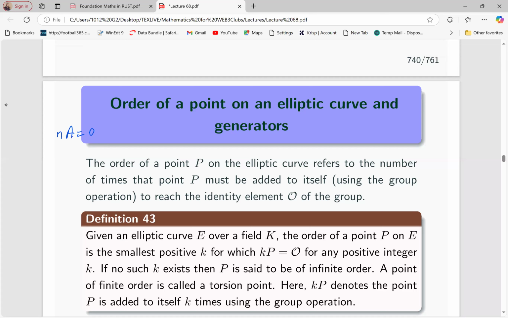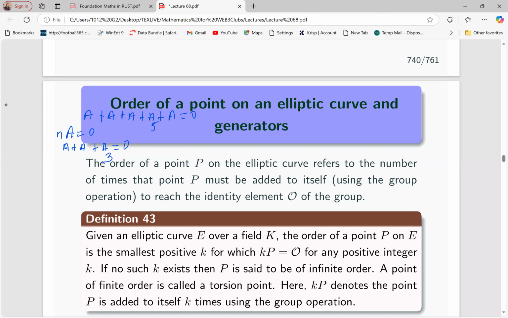So if you had to add A 3 times and then get the identity, then the order of A is 3. If you were to add A 5 times and that gives the identity, then the order of A becomes 5. That is what we learned about groups and addition.